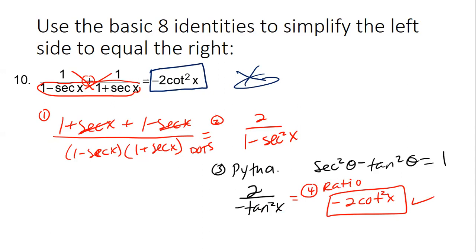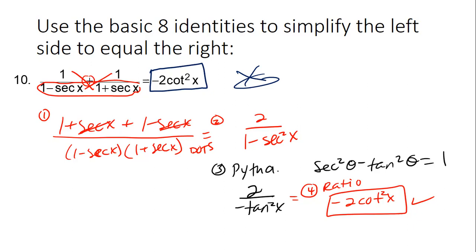Then I use the Pythagorean identity with secant and tan to substitute in for the denominator. And then I use the ratio to go from tangent squared to 1 over tangent squared to being cotangent squared. Questions? See where you went wrong.